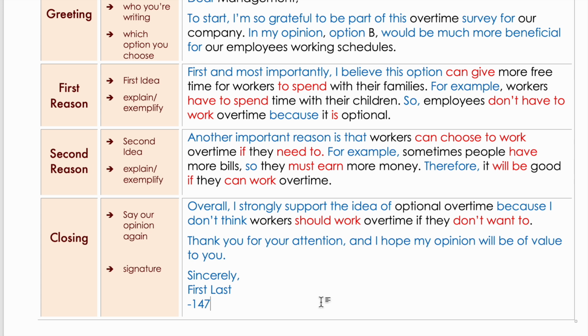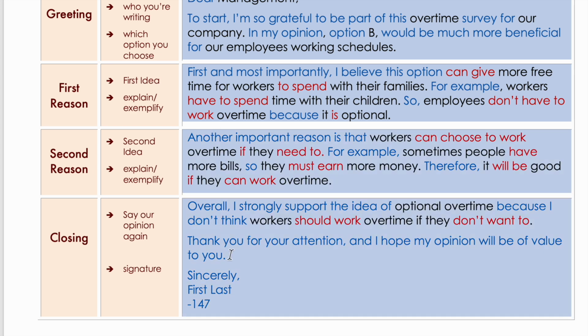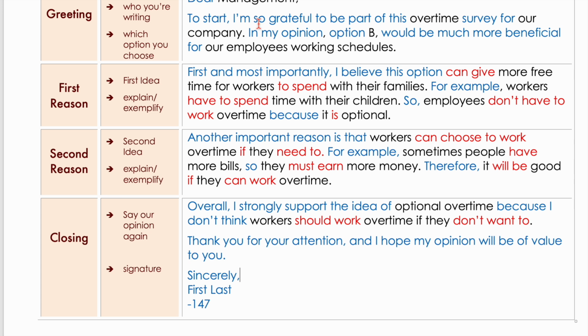Okay? So for level 5, 6, for part 2, it's not exactly about how many words you write. So the most important is to first have a really good structure to your email. Second, make the meaning as clear as you can.